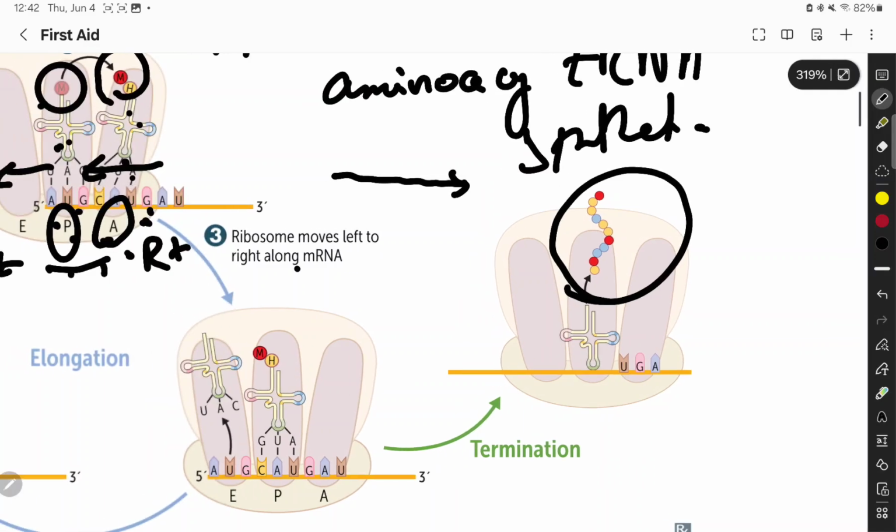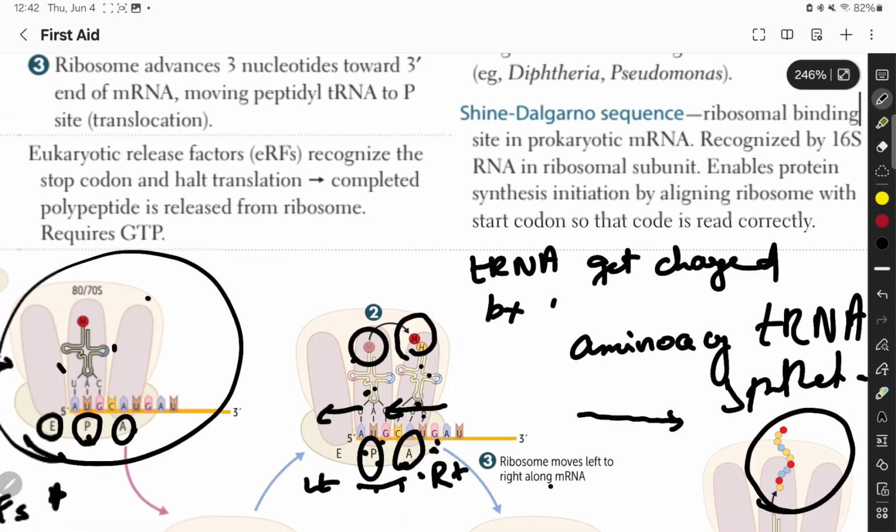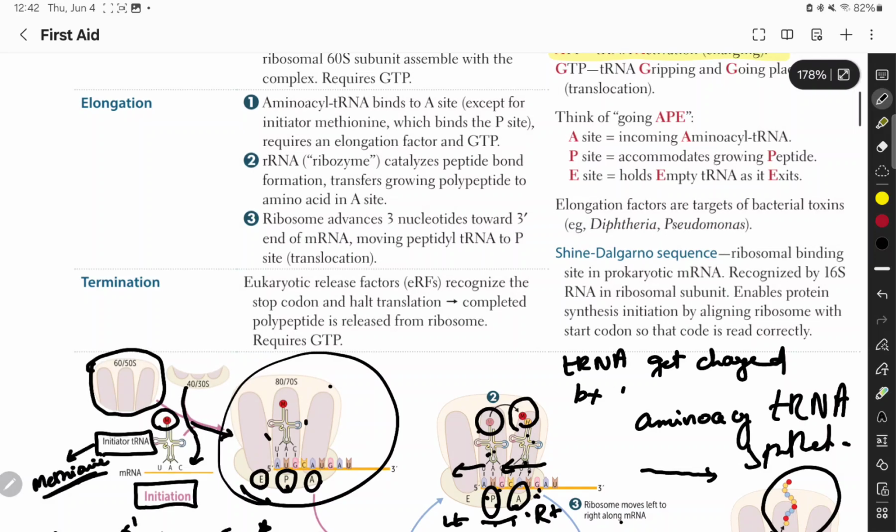You can't just keep on adding more and more amino acids, right? So eukaryotic release factors, just like eukaryotic initiation factors, recognize the stop codon. Once they recognize the stop codon, they halt the translation. The completed polypeptide is released from the ribosome.